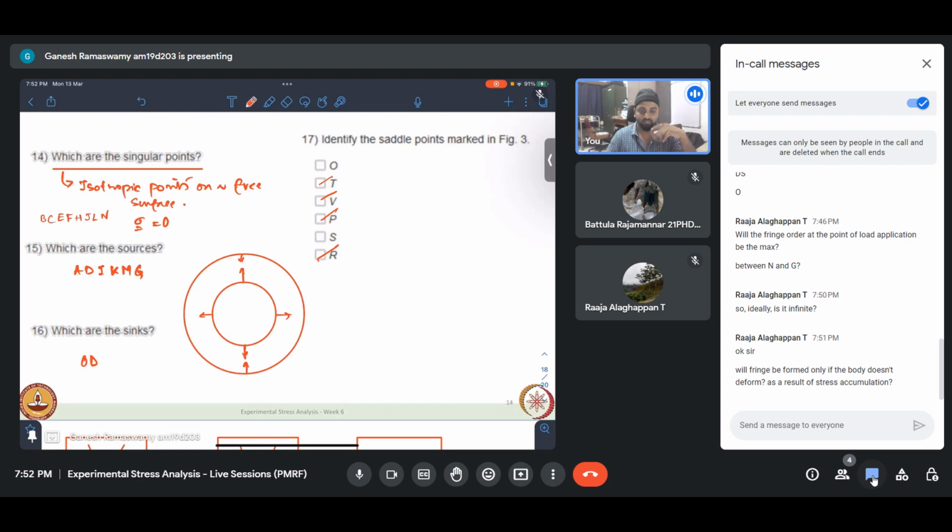So a rigid body cannot have any stress inside of it because it doesn't fall into the purview of deformable bodies. In such a case, stress and stress accumulation don't mean anything. But this is just for first level analysis. All bodies are deformable. So if a body is applied with a load, it will definitely deform. Based on its optical response, it will show some stresses. Is it clear, sir?